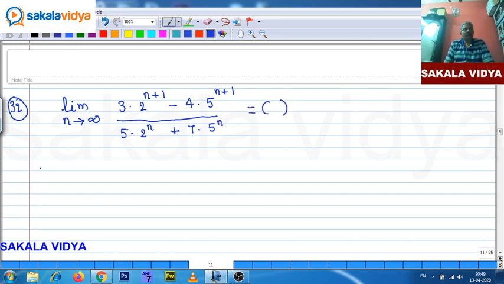First option minus 20 by 7, second option 20 by 7, third option is 10 by 7, fourth option is minus 10 by 7.